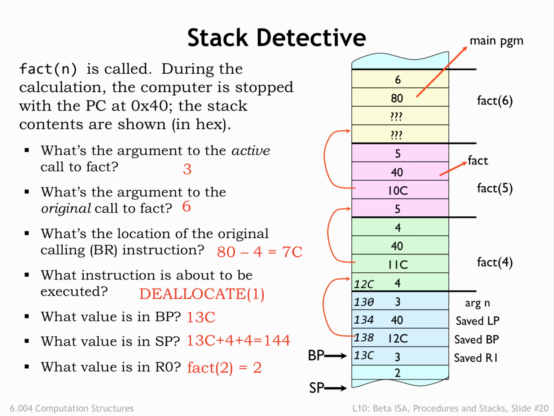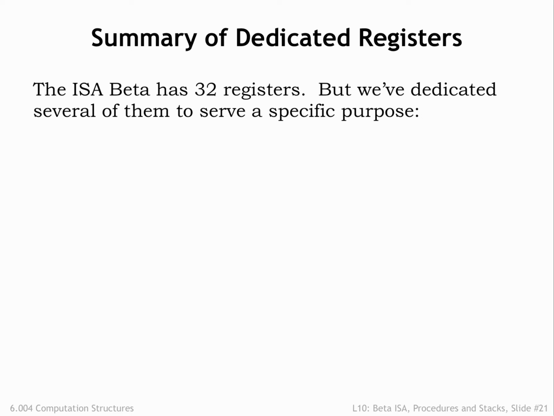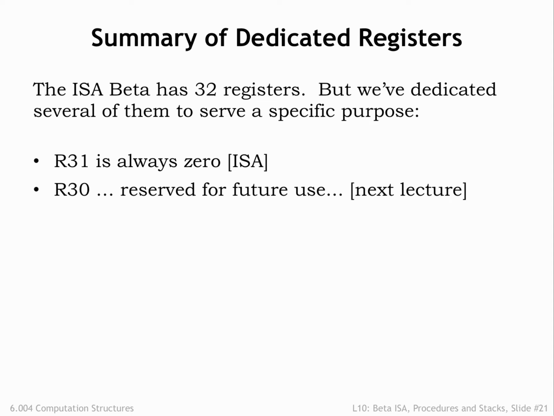Pretty neat. Wrapping up, we've been dedicating some registers to help with our various software conventions. To summarize, R31 is always 0 as defined by the ISA. We'll also dedicate R30 to a particular function in the ISA when we discuss the implementation of the beta in the next lecture. Meanwhile, don't use R30 in your code.